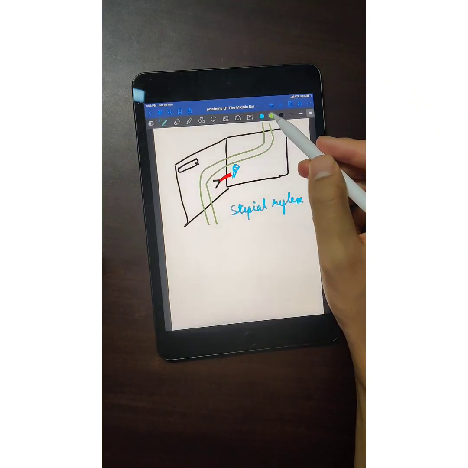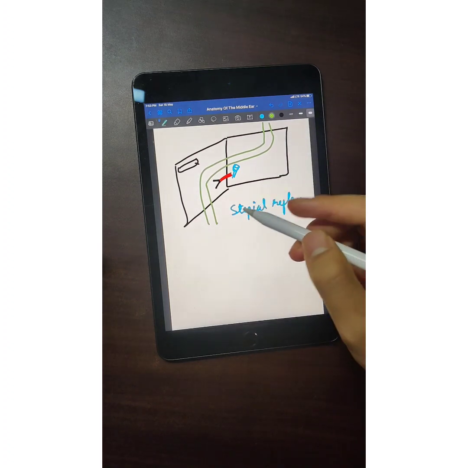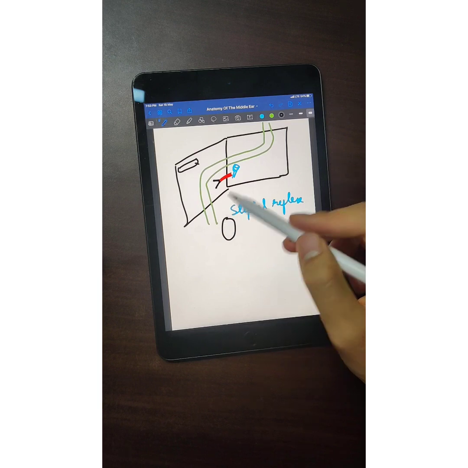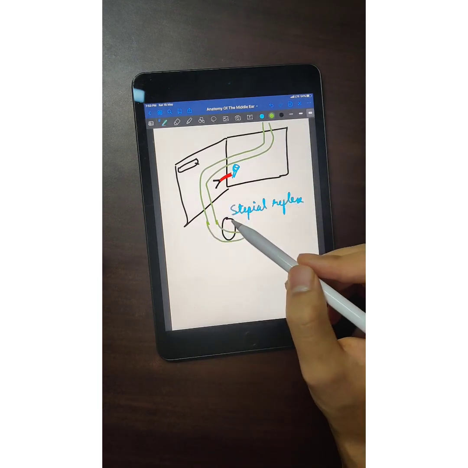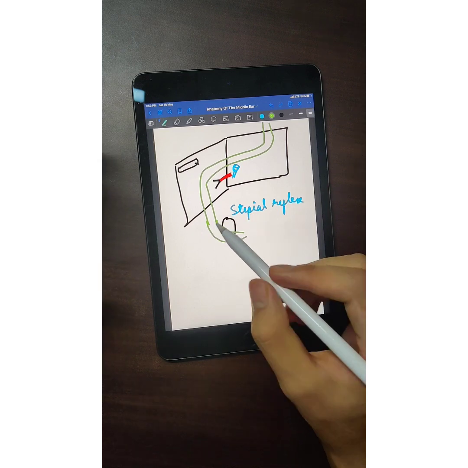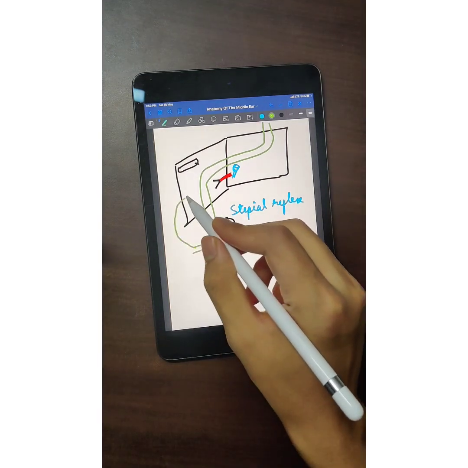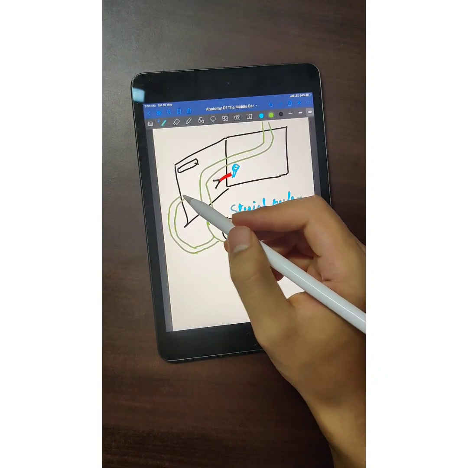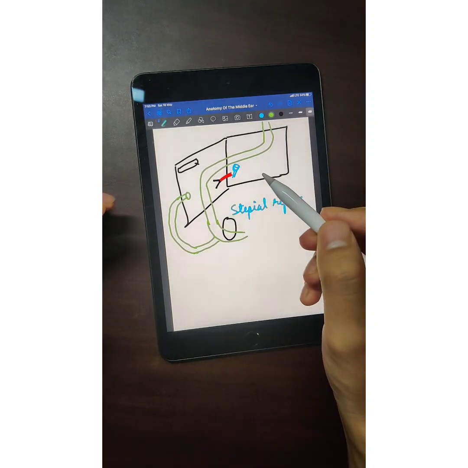So now coming back to the facial nerve, when the facial nerve exits from the stylomastoid foramen, before doing that, it gives off a branch known as chorda tympani. Now this chorda tympani comes back into the middle ear cavity through the posterior wall here.